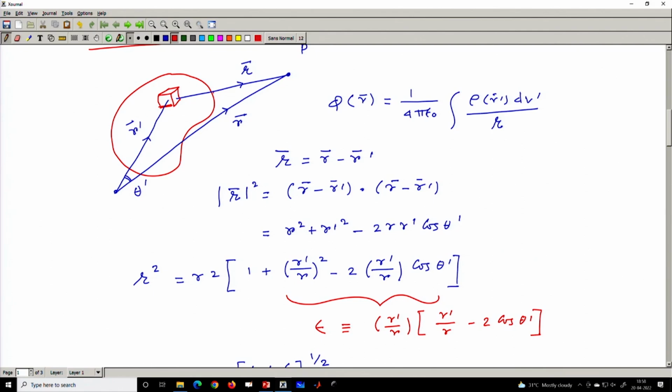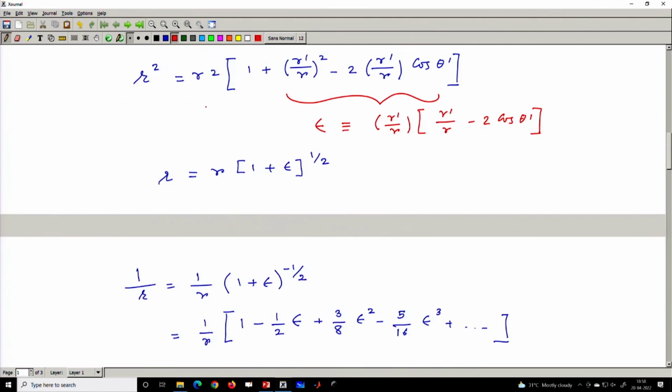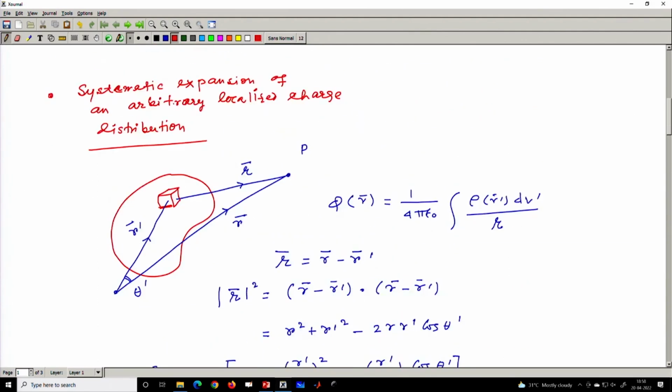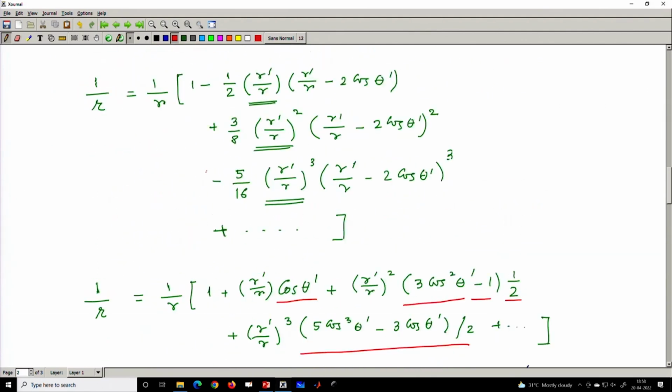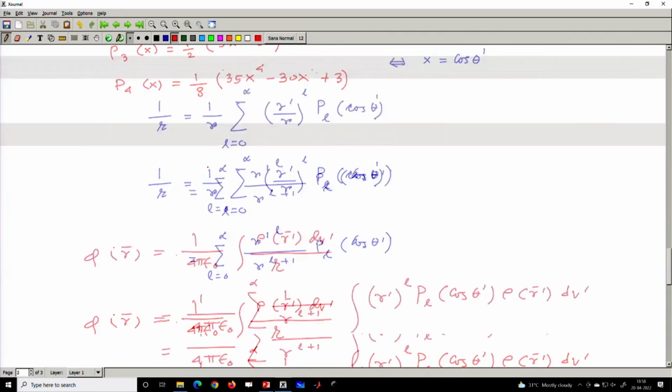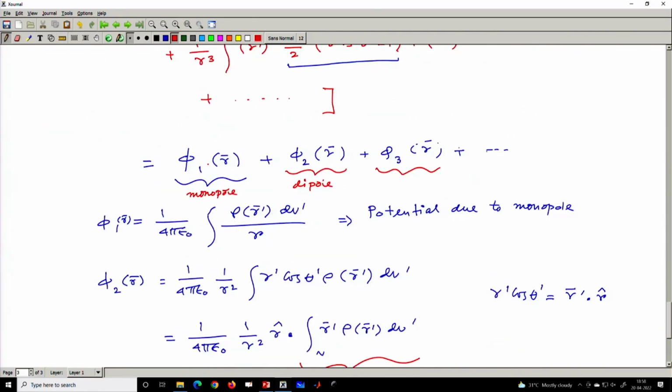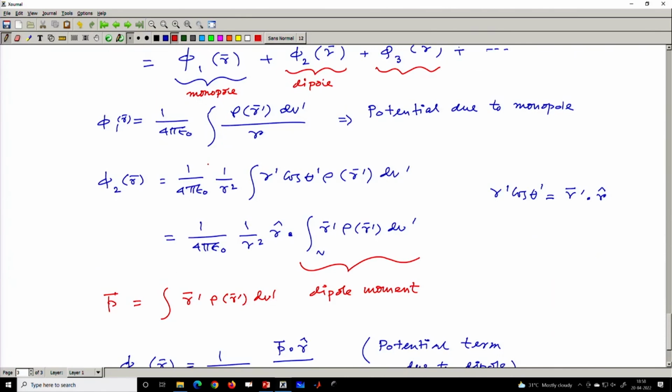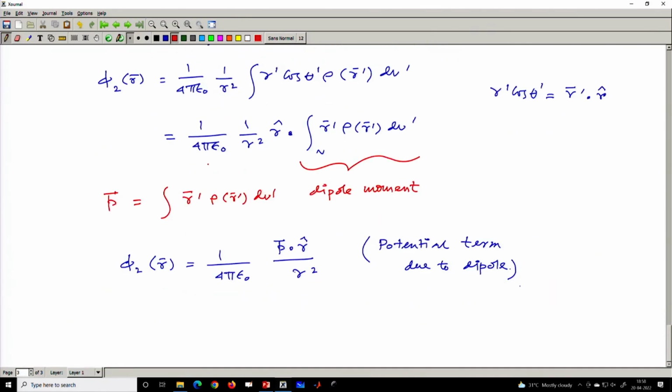If I add all together, then I will have the entire contribution here due to this charge distribution. But when we systematically expand this term, we find the component of the monopole, we find the component of the dipole, we find the component of the quadrupole, and so on.